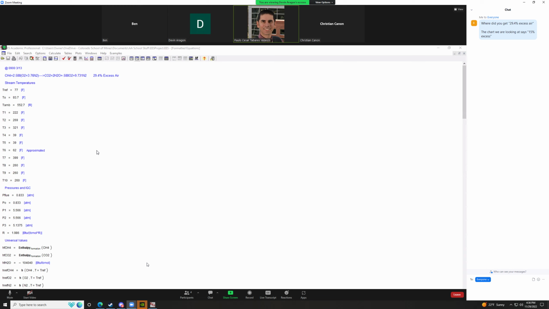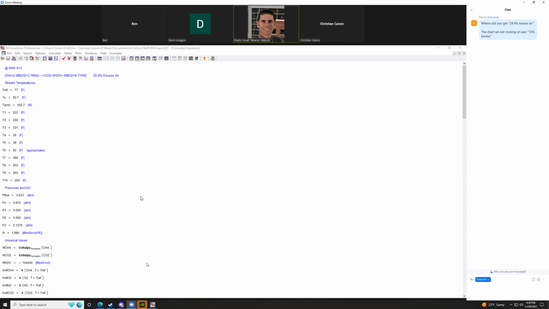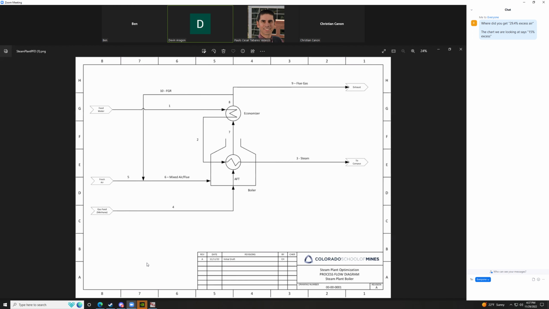So if you go back to the diagram that you guys created, I'm still seeing your file. You share this one. Can you see that? Yeah. So it basically, let's see, flue gas, right?